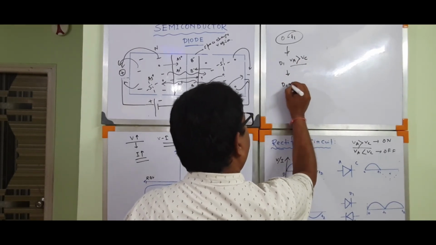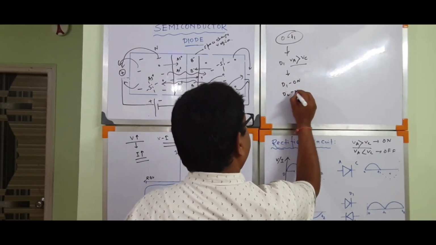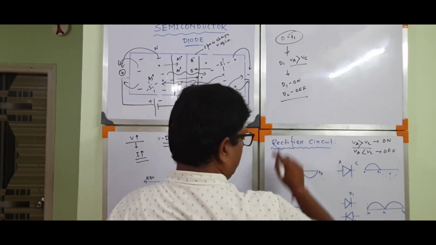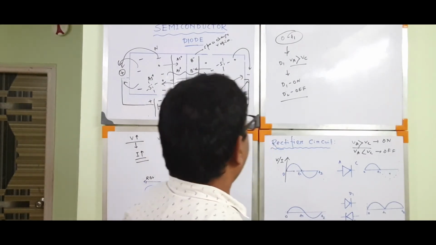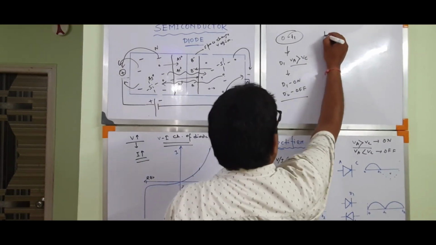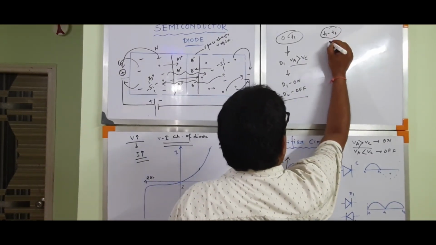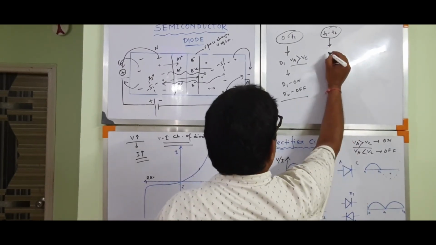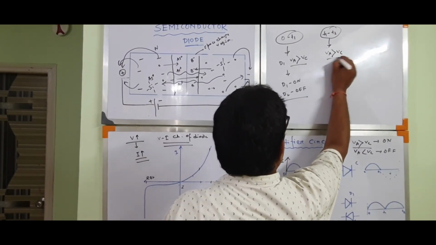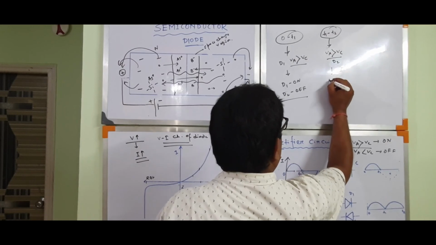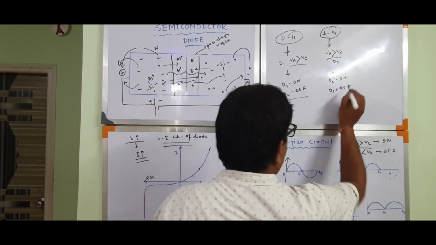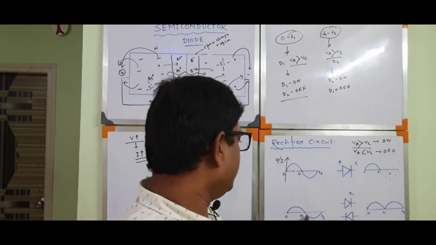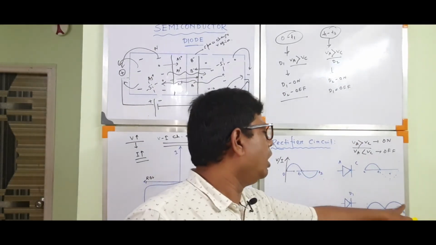That means diode 1 is on but diode 2 is off. So the input signal is transmitted to the output side. From T1 to T2, the anode voltage is greater than the cathode voltage for diode 2. So diode 2 is on but diode 1 is off. That means this signal is also transmitted to the output side.